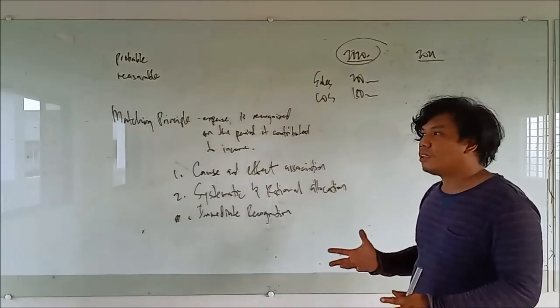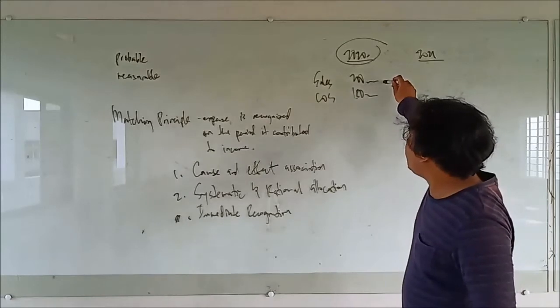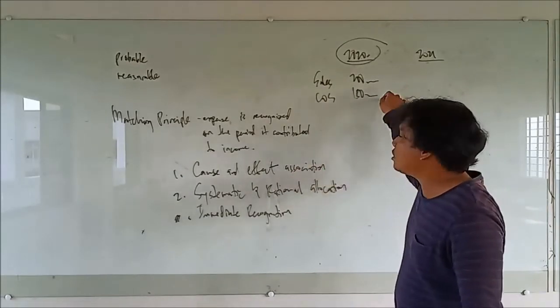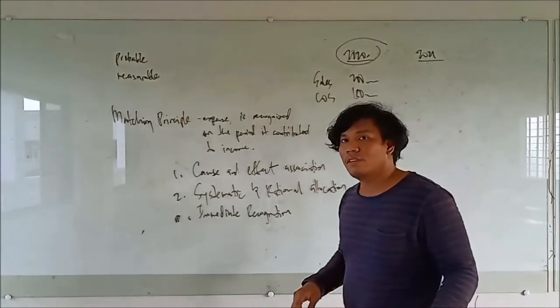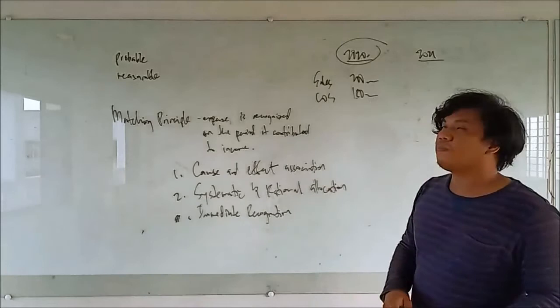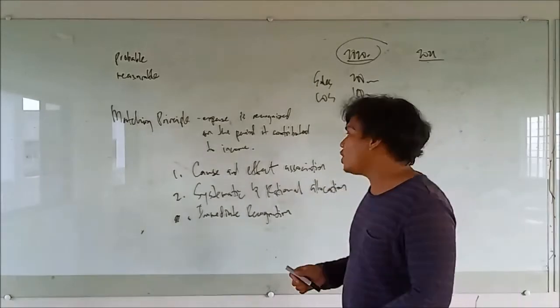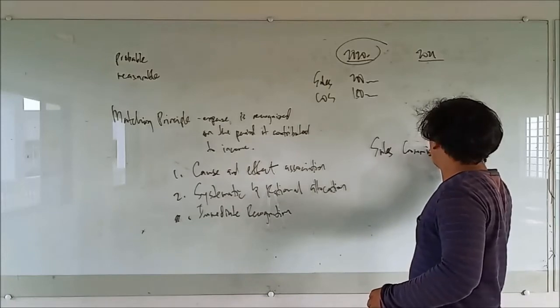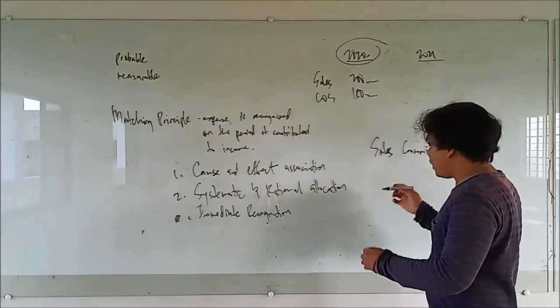Okay? So, simple lang naman. Kung kailan mo na-recognize yung income, if it is directly associated sa income, i-recognize mo na rin yung expense. Okay? Typical example yan yung cost of sales. Ano pa? For example, sales commission. This is an expense.